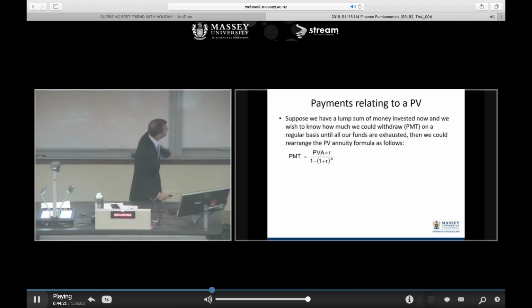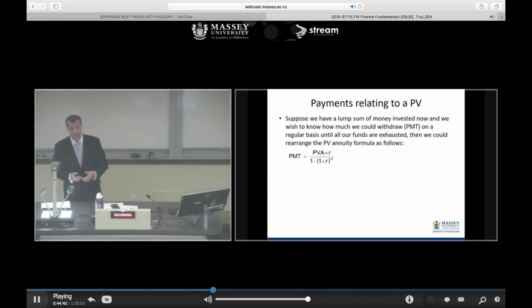So here, suppose we have a lump sum of money invested now and we wish to know how much could be withdrawn on a regular basis until our funds are exhausted. Then we could rearrange the present value annuity formula to solve the payment. That's essentially what you're doing once you get to retirement. You say, oh, I've got this great big nest egg now. How much can I spend every year until it's all gone?